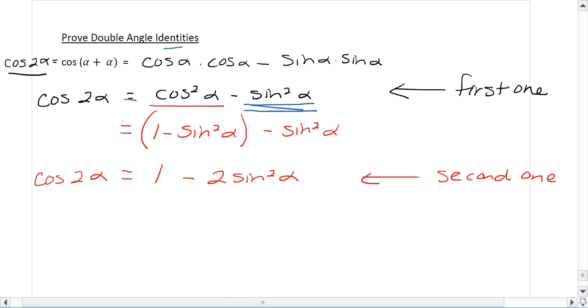So let's remember, we're going back to this step here, and now we're rewriting. We're going to keep the first cosine squared alpha, and then we're going to substitute in the 1 minus cosine squared.